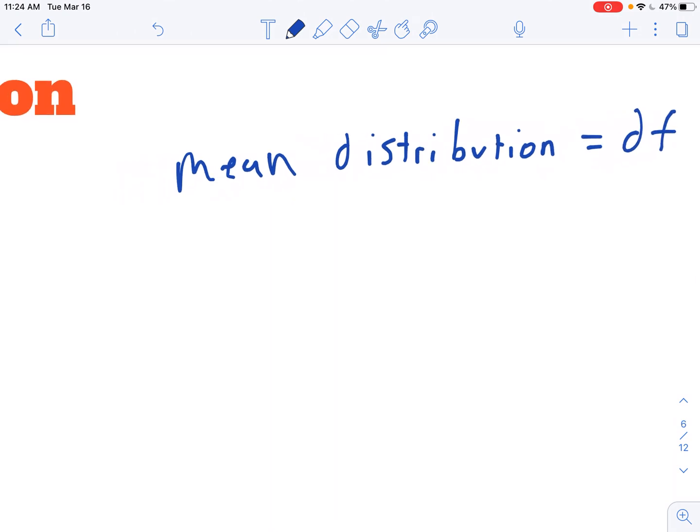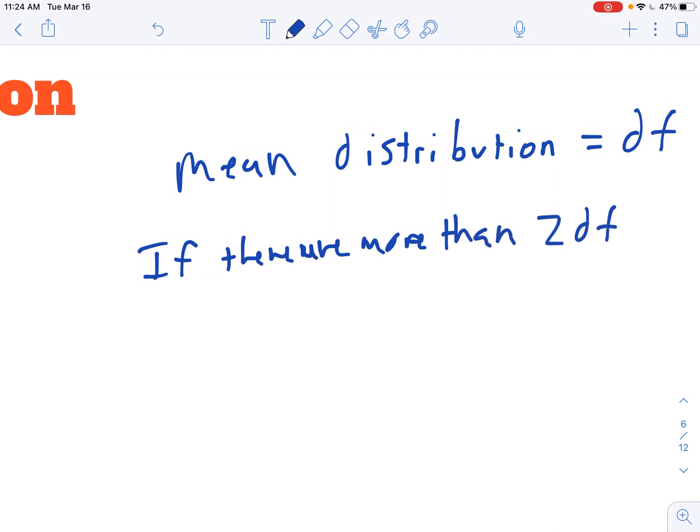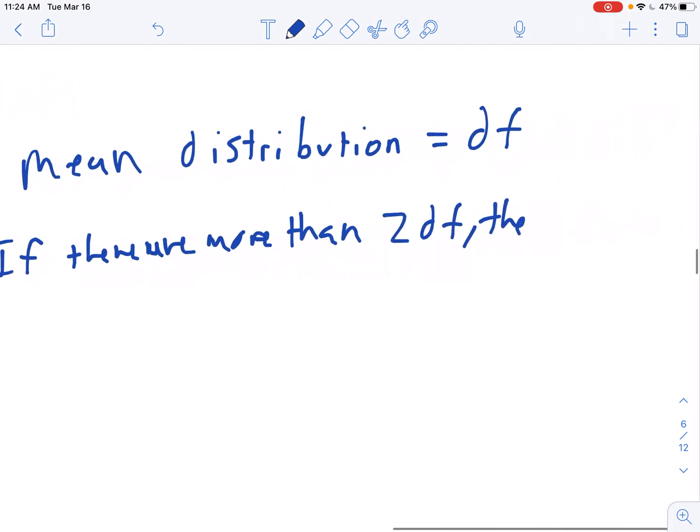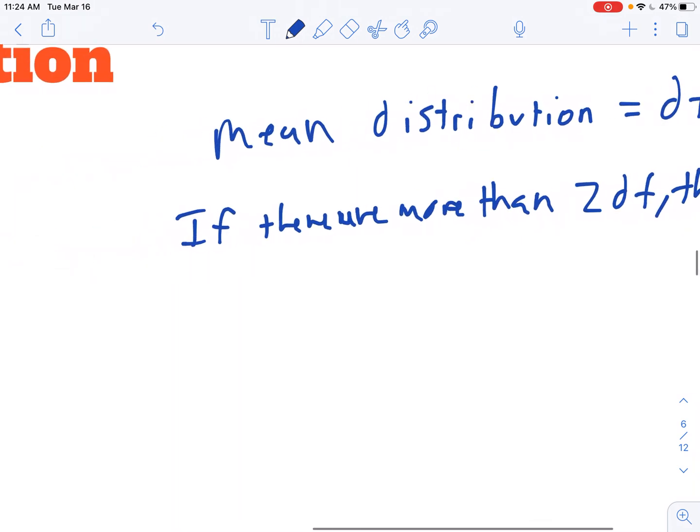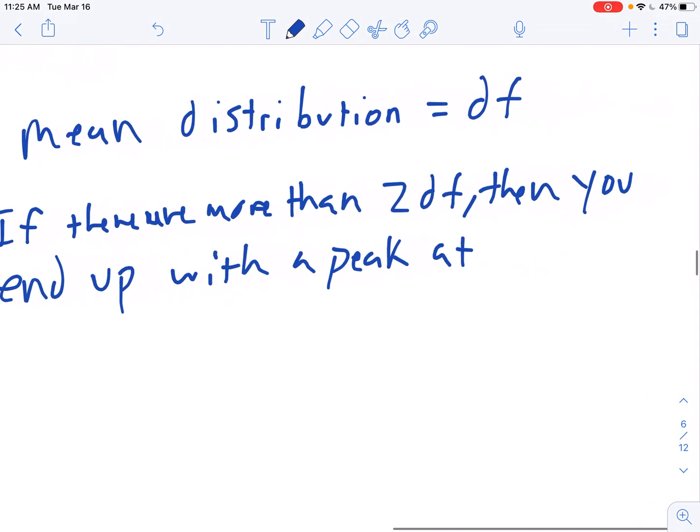For degrees of freedom greater than 2, so if there are more than 2 degrees of freedom, you end up with a peak at the degrees of freedom minus 2.